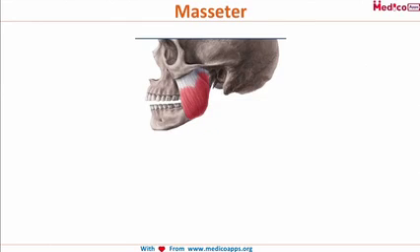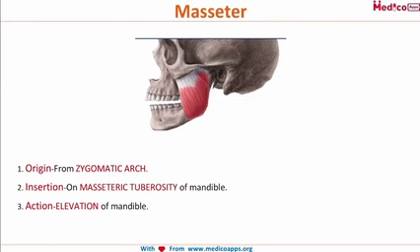Next, the masseter muscle. The origin is from the zygomatic arch. This is the zygomatic arch, and it is divided into 3 parts. The anterior 1/3 is from the inferior surface of the zygomatic arch, and the posterior 2/3 is from the inner aspect of the zygomatic arch.